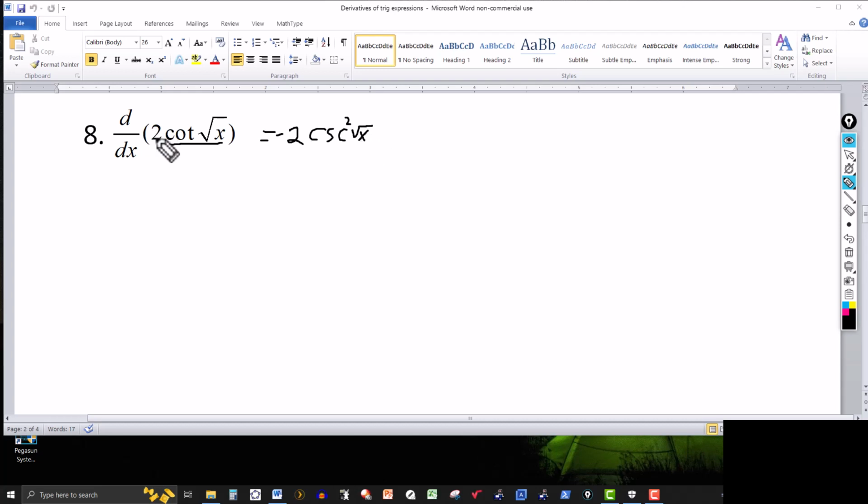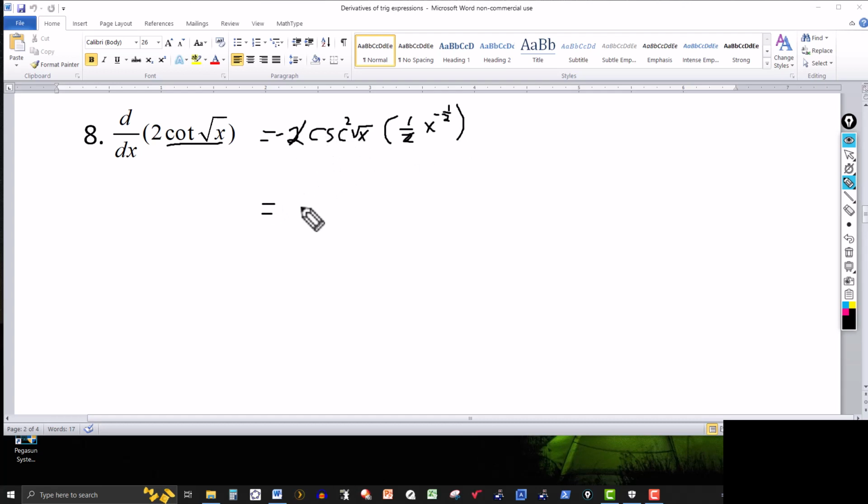So again, constant can go outside. Derivative of cotangent is cosecant squared of whatever this expression is here, and then using the chain rule, I have to take the derivative of that, which would give me, again, derivative of square root of x. Think of that as x to the 1/2. So it's 1/2, and then subtract 1 from the exponent, gives me a negative 1/2. You got that. So this is equal to, the 1/2 here and the minus 2 are going to cancel.